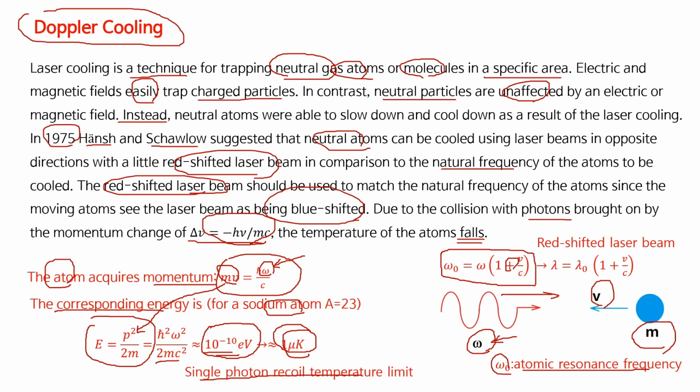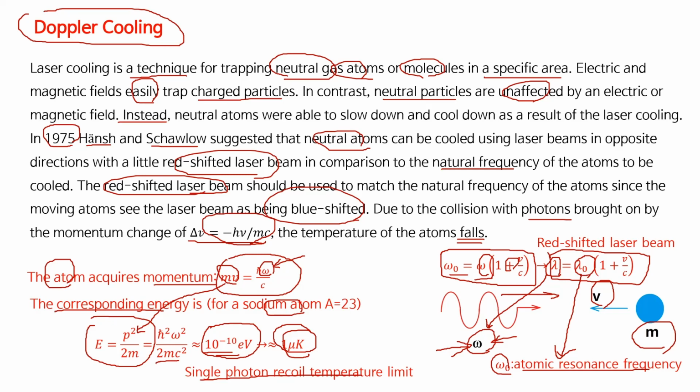So this atom will see the laser beam with a little larger frequency. To compensate for this, we can write this in terms of wavelengths. Lambda 0 corresponds to the atomic resonance wavelength, and lambda is the wavelength of the laser beam.